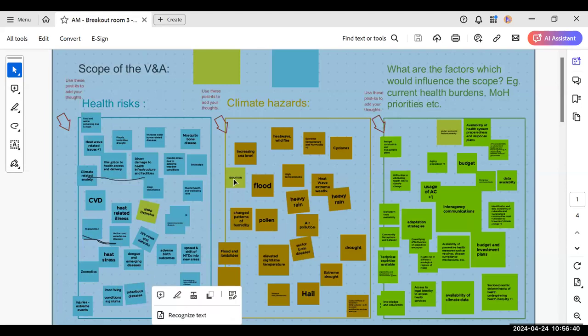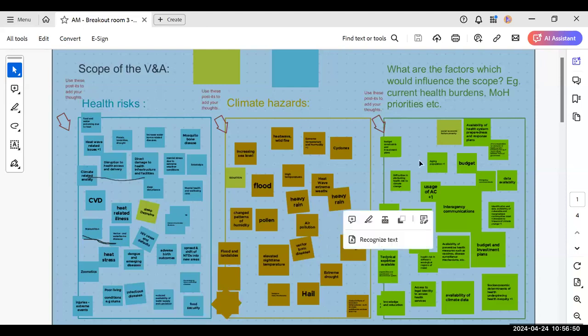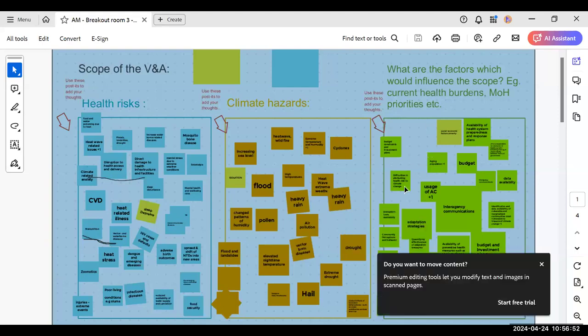Similarly, climate hazards are also flood, drought, extreme drought, hail, and a lot of things were mentioned. Moving to what is influencing what we are trying to do: expertise, availability of data, all those are very important areas.